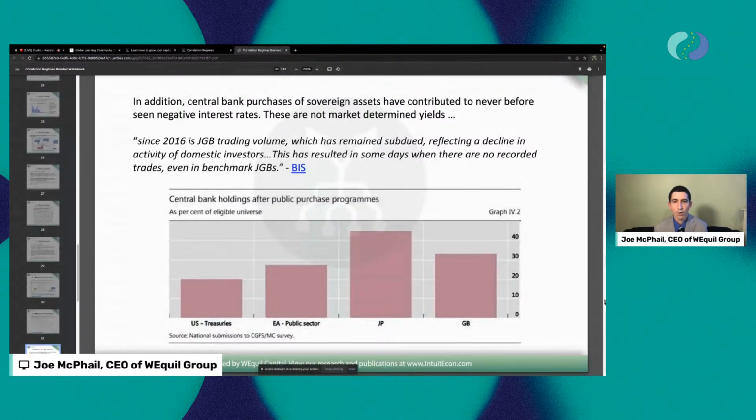But the key question now is, as the central bank here, the Federal Reserve, moves out of this market by rapidly reducing their quantitative easing program, who's going to move in and buy this? Is there a market at these low yields to continue to facilitate purchasing all this U.S. government debt?